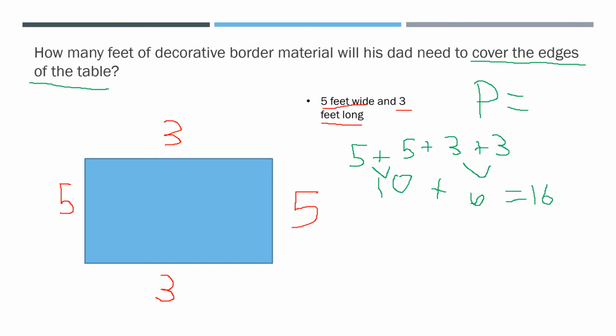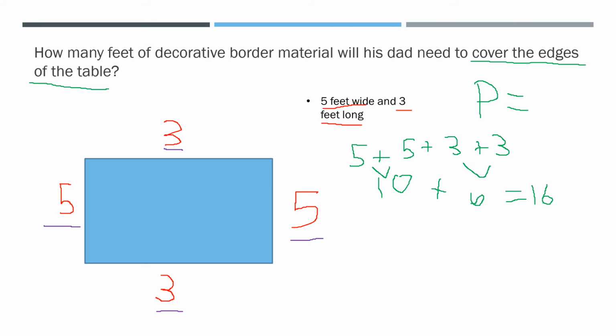Now I mentioned earlier that there's another way that we can look at the perimeter formula, and that's as a multiplication problem. As you see on our rectangle that we have here, there's 2 5s that represent our width and 2 3s that represent our lengths.